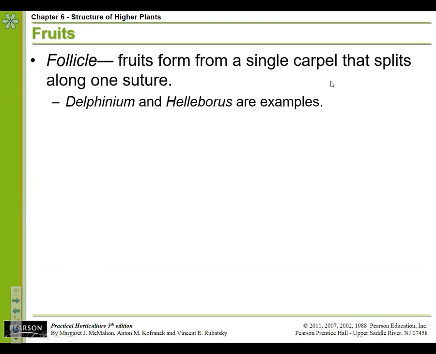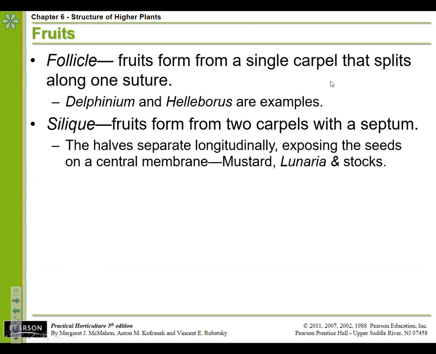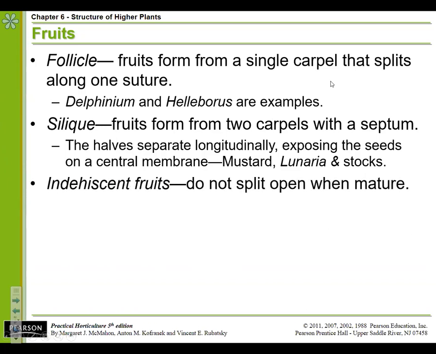So delphinium or hellebores are examples of follicles. Siliques are 2 carpels with a septum, and they are dry fruits that are separated longitudinally and dehisce that way. So mustard family plants, the brassicas, all have this silique shape.